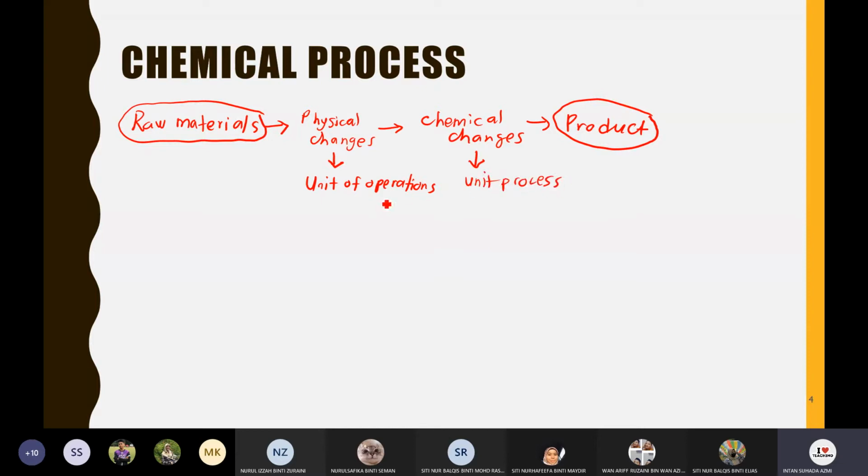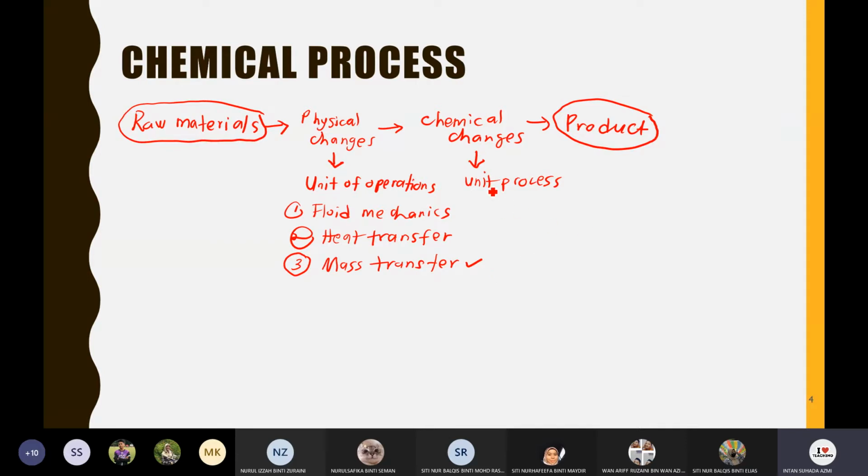Under unit operation, we will have first what we call fluid mechanics. Next is heat transfer. You will also learn heat transfer this semester, right? The third one is mass transfer. Here you go, where mass transfer came from. This one we will learn in separation.